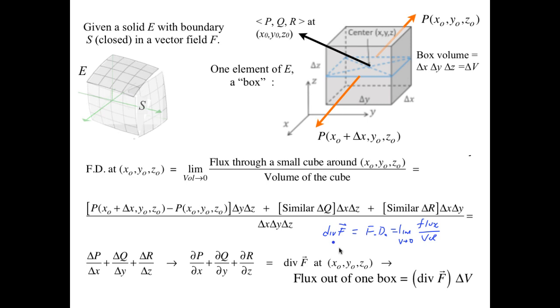So divergence is this ratio. Then I could just solve that for flux. Flux would be divergence times volume for a very small volume, right? For a very small volume. So that's what I'm writing here. I'm going to use this on the next screen.